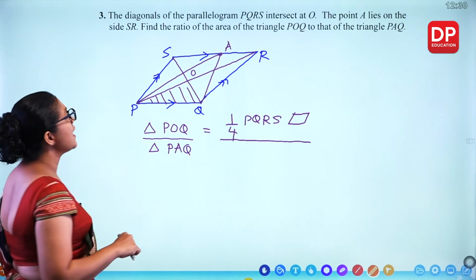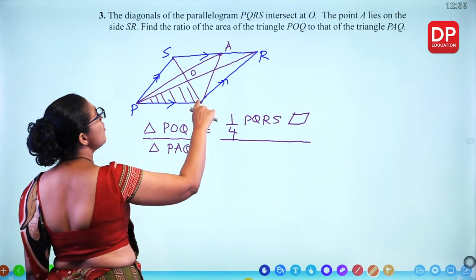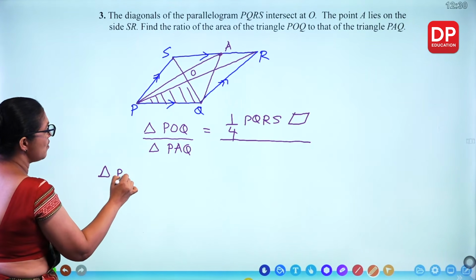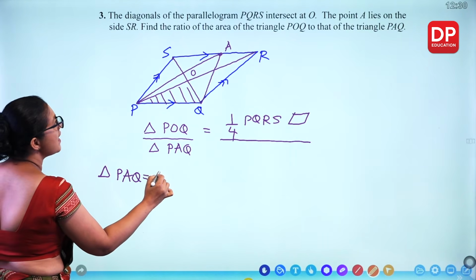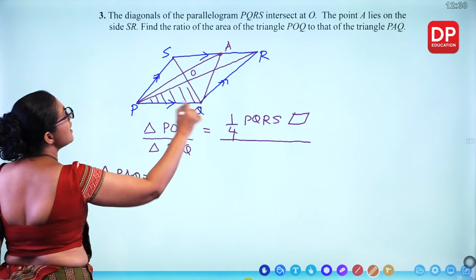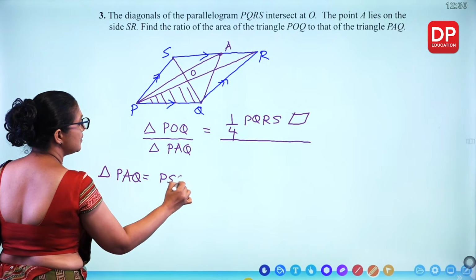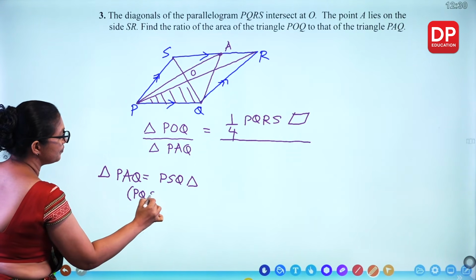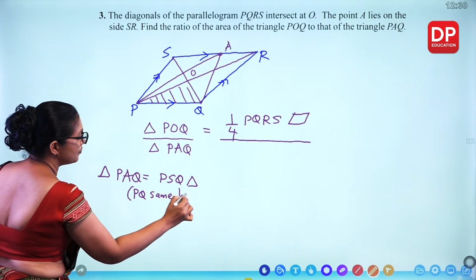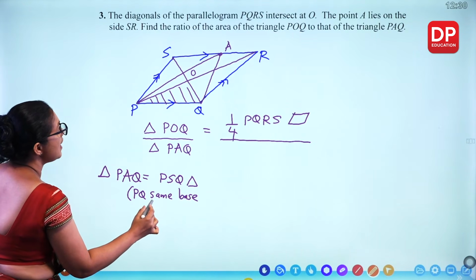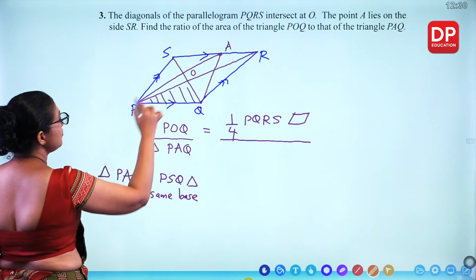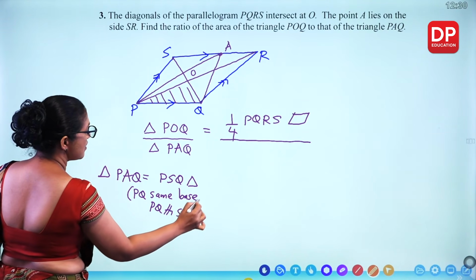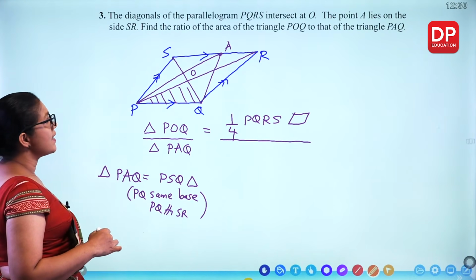And what about PAQ? I can write PAQ is same as PSQ triangle, because same base PQ, and in between PQ and SR parallel lines.